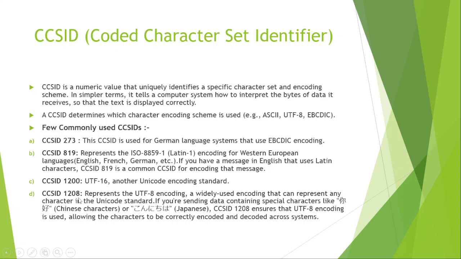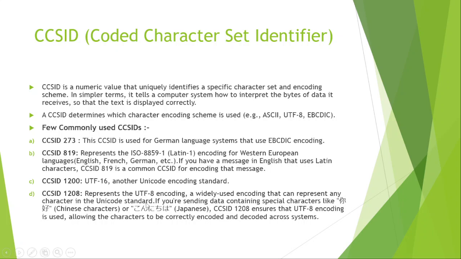When talking about the 1208 CCSID, coded character set identifier, it is also called UTF-8 encoding. You can see CCSID 1200 is called UTF-16 encoding, but 1208 is called UTF-8 encoding. It is a widely used encoding that can represent any character in the Unicode standard.